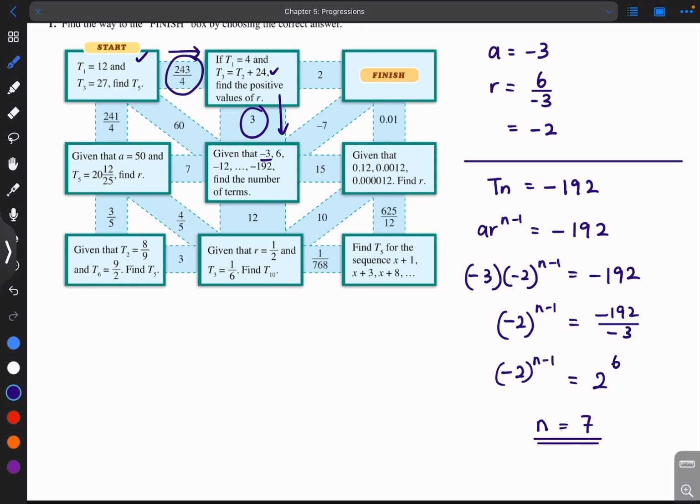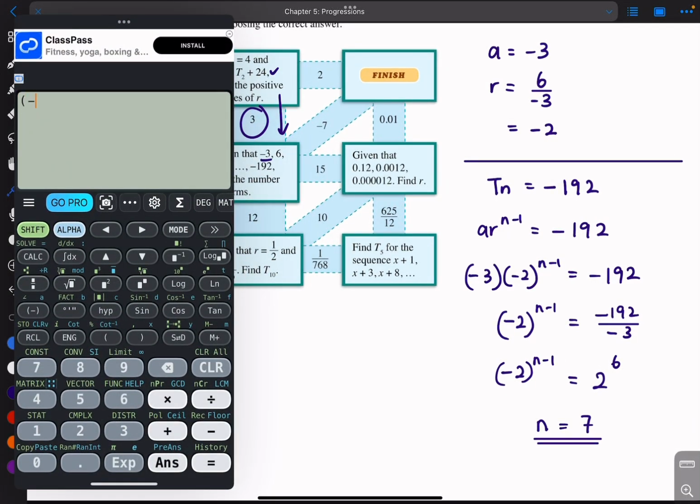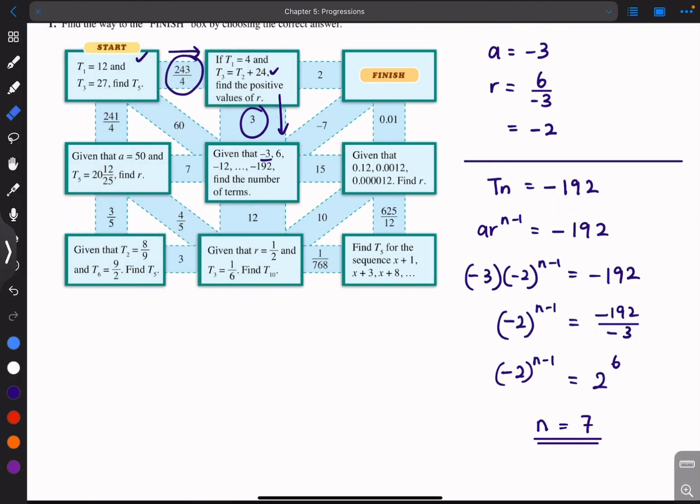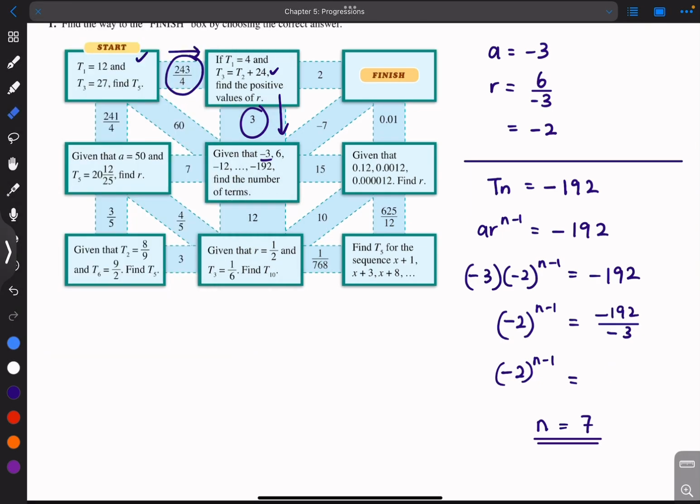Okay. This one actually is a bit tricky because here we have negative 2. Here we have 2. So technically you cannot compare, but if you have negative 2 to the power of 6, we also get 64. So what you can actually do is, just now this is 64, right?